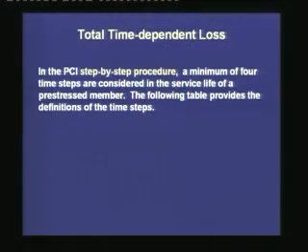Now, in the PCI step-by-step method, a minimum of 4 time steps are considered in the service life of a prestressed member. As I said before, we are discretizing the service life of a structure into several time steps.